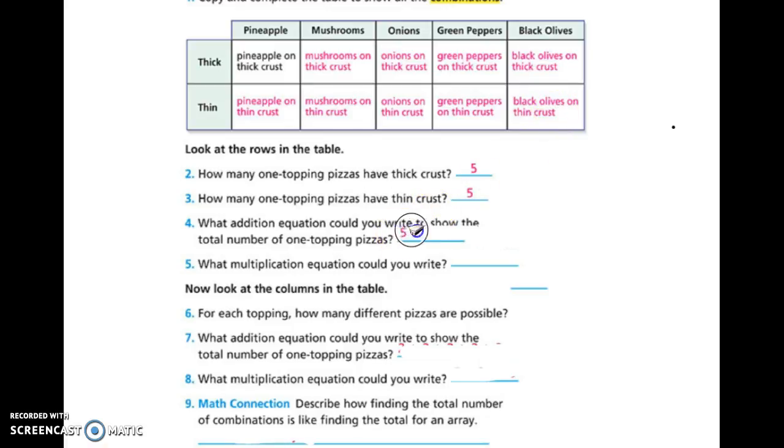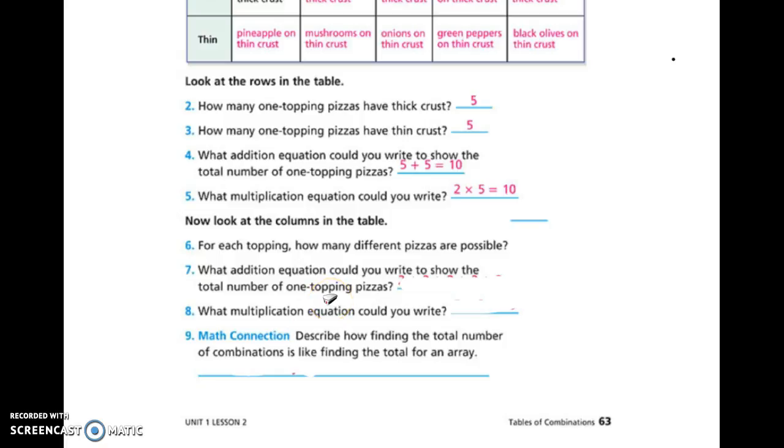So I could write the equation as 5 plus 5 equals a total of 10 pizzas. What multiplication equation could I write? Well, I've got 5 different types of pizzas, and I can multiply it by 2 because I've got thick and thin. So I could say 5 times 2 equals 10. Okay?